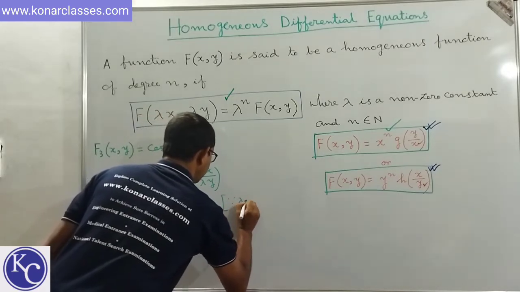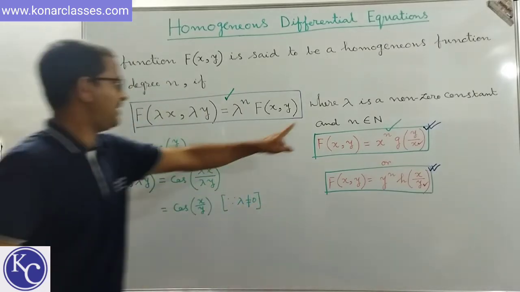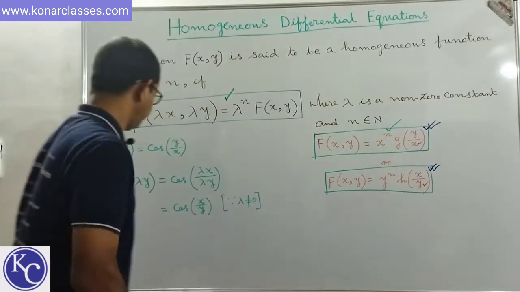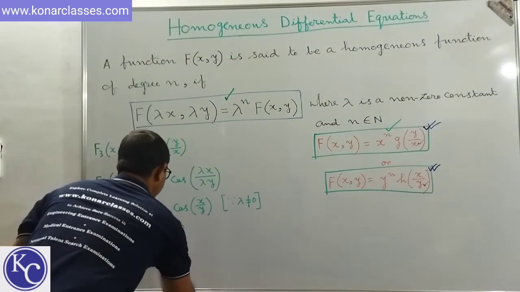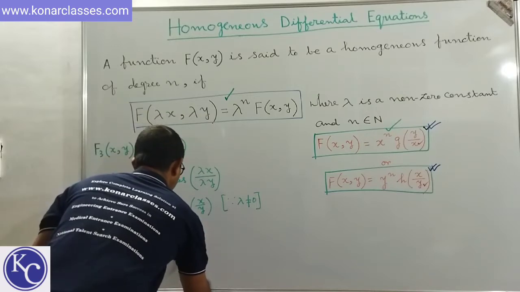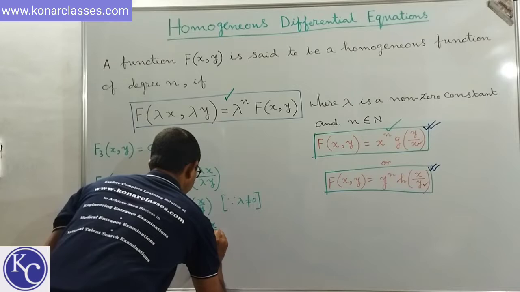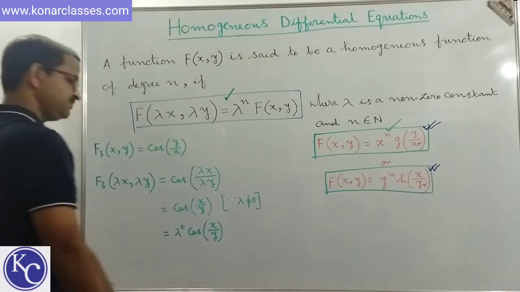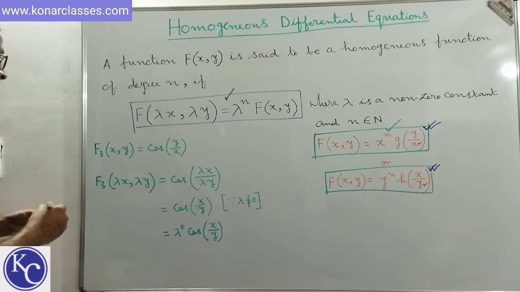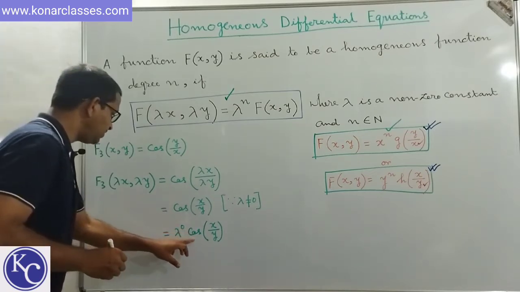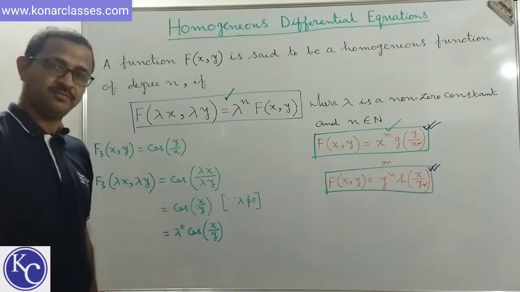If you recall, I always say lambda is a non-zero constant. So that is equal to, we can write, lambda to the power 0 into cos(x by y). So we can say this is a homogeneous function of degree 0.